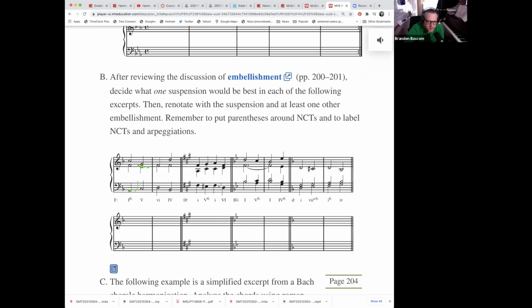I love it. Nice. I suppose you could stick a passing tone in the alto between the A and the C. Good. Interesting.